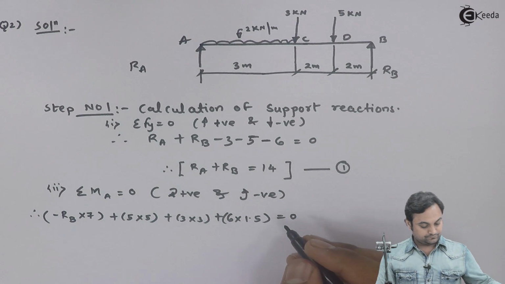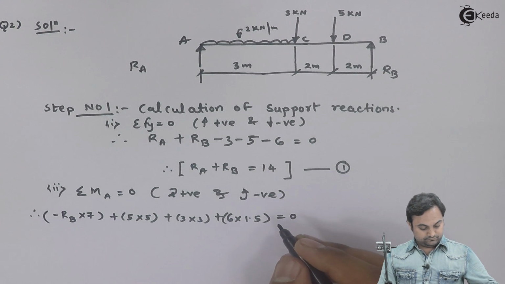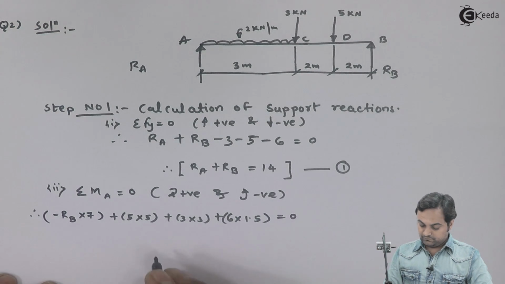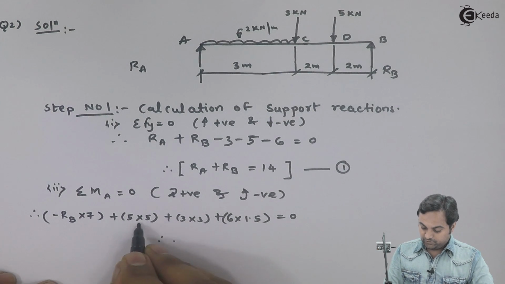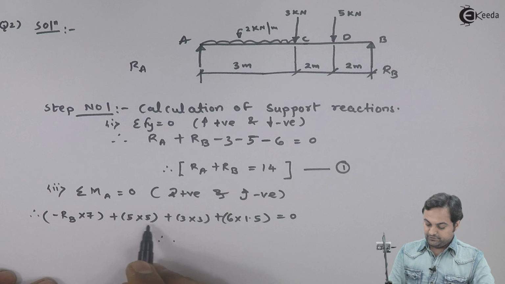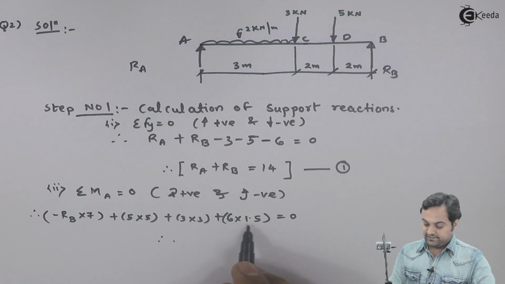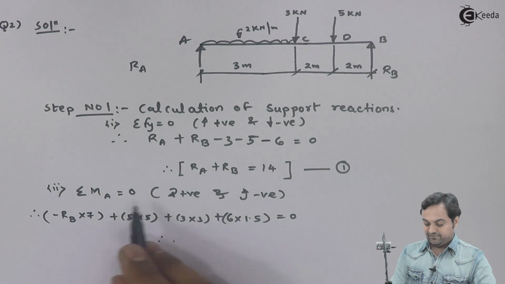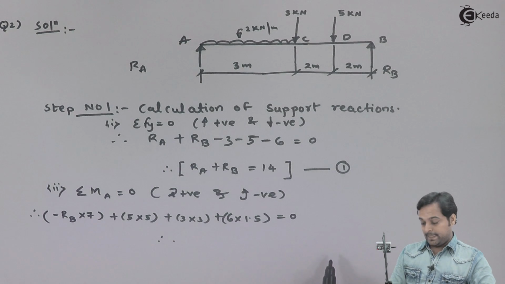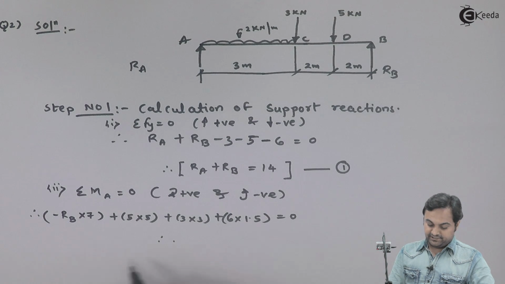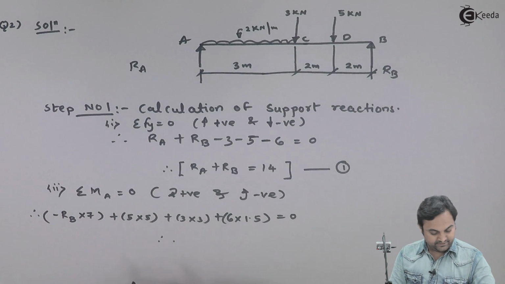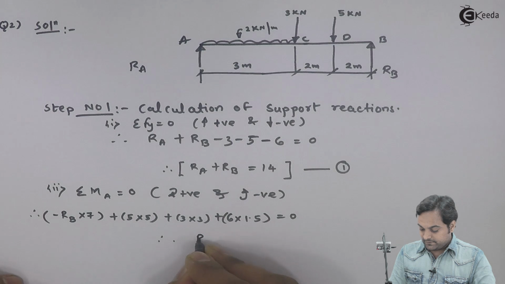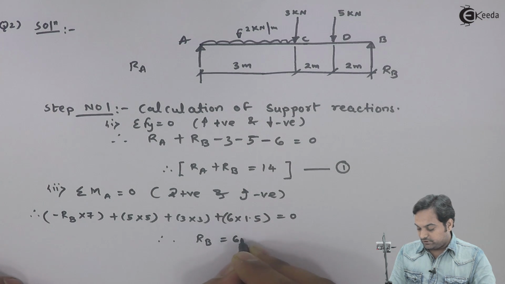Therefore, if I calculate all the terms here, this would be 25 plus 9, and again this term is 9, so it is 25 plus 18, that is 43. If I shift it onto the other side, it becomes minus 43. Negative negative cancel, 43 by 7, so RB is 6.14 kilonewton.